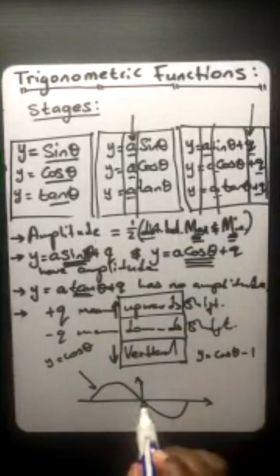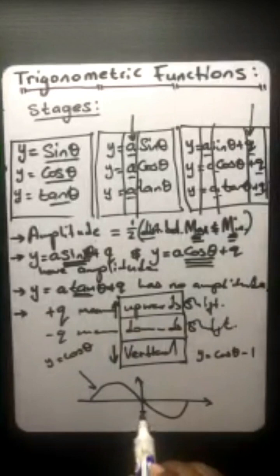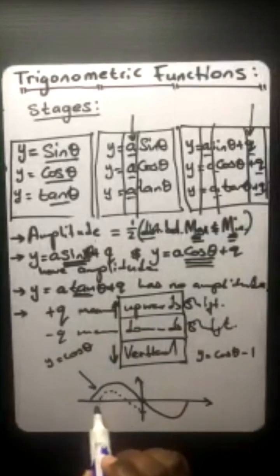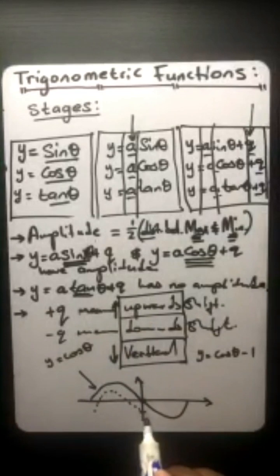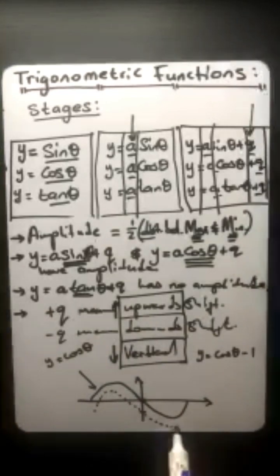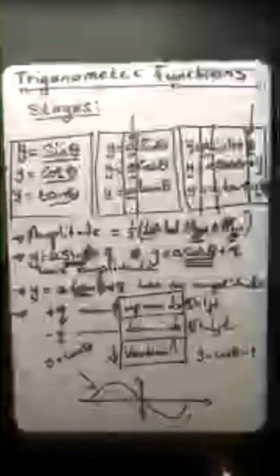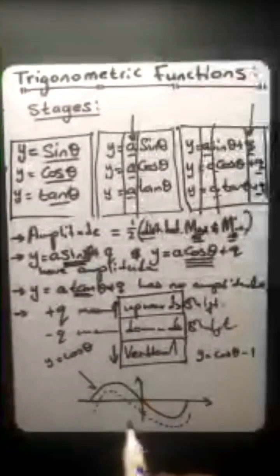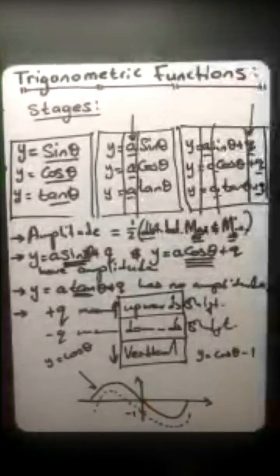So that means from the origin, it shifts by -1, meaning this is how it will possibly look like. Can you see? You took it exactly as it is. You just shifted it downwards by 1 unit.